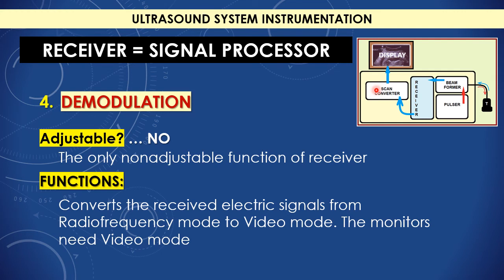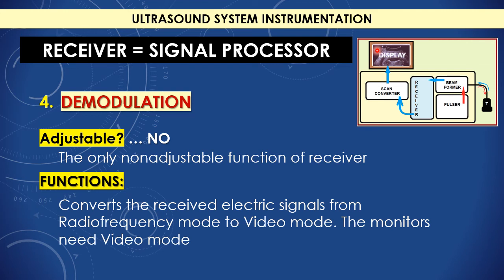The video mode is the one that is processed by the signal processor, the image processor, which is the scan converter. And the display is used to display video mode. The display does not display radio frequency mode.